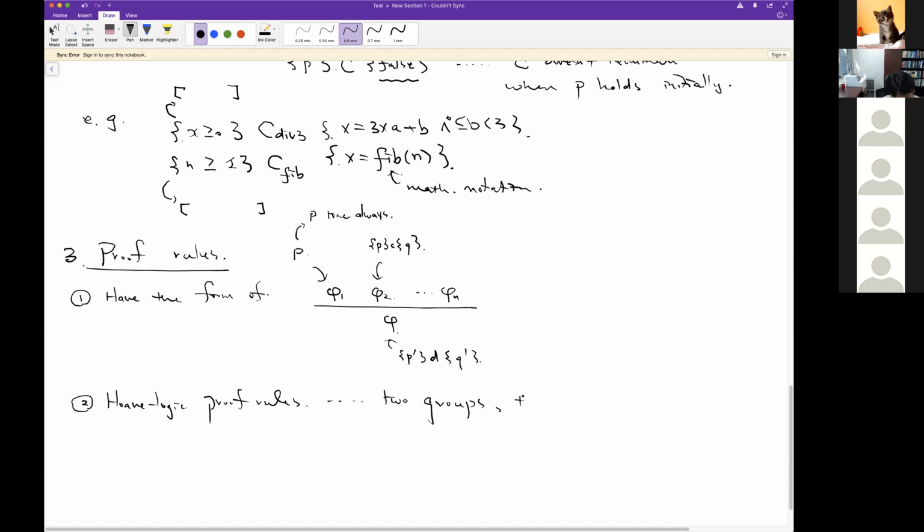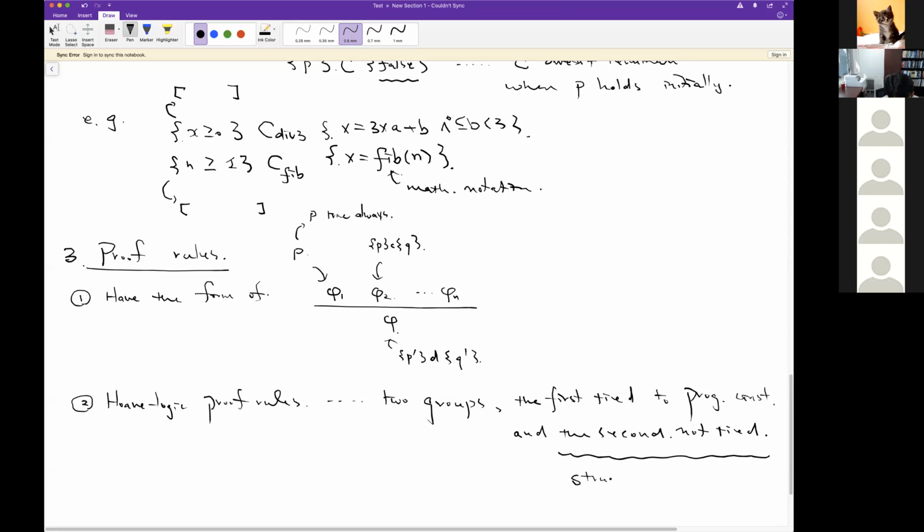The first is tied to the programming construct, and the second is not tied. The second kind of rules are sometimes called the structural rules. And the first, the silly name is non-structural rules.